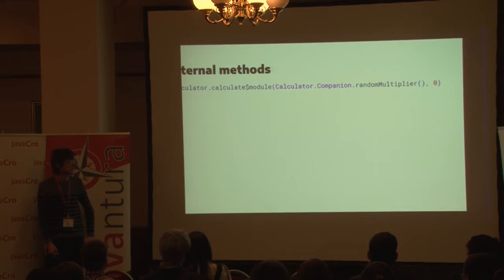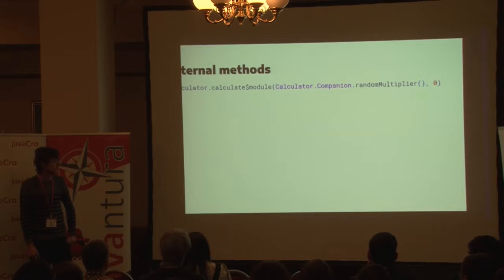So it just appends this $module, and this also means that it will look ugly like this, not just in other modules, but also if you have a mixed code base in Java, you'll have to call this method like this.